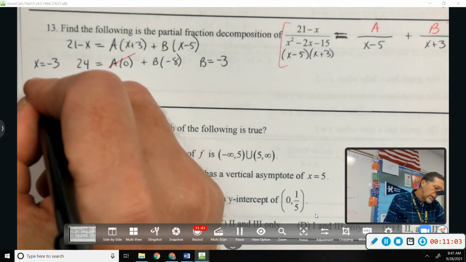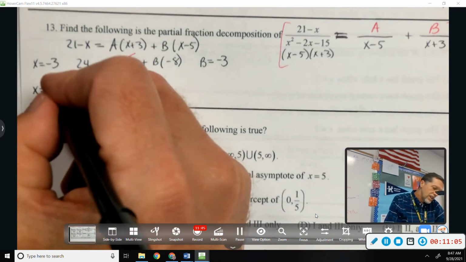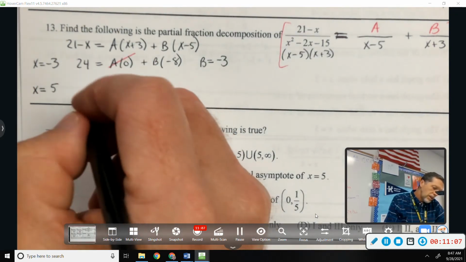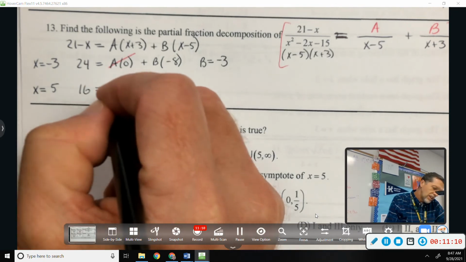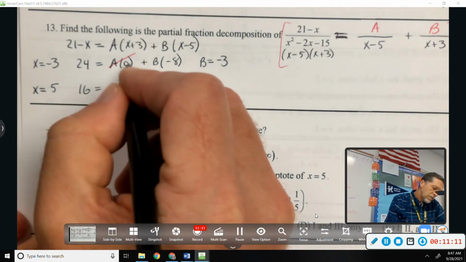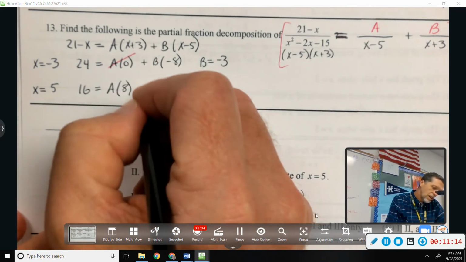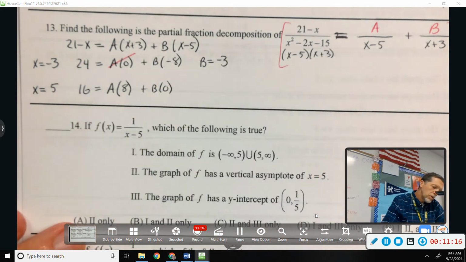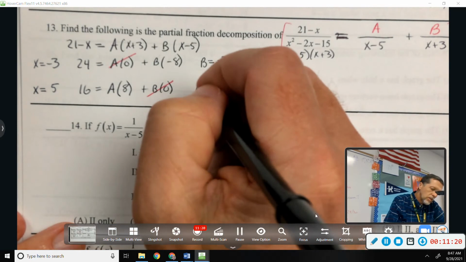What's another good value of x to pick? 21 minus 5 is 16. A times 8 plus b times 0. So a is 2.